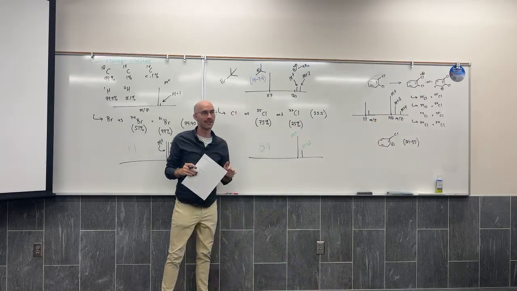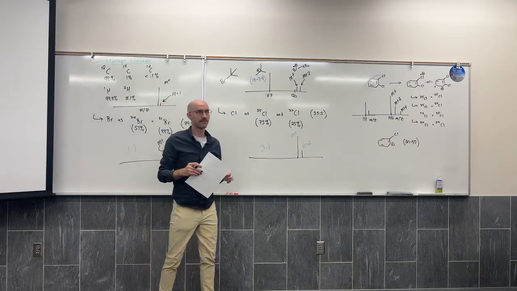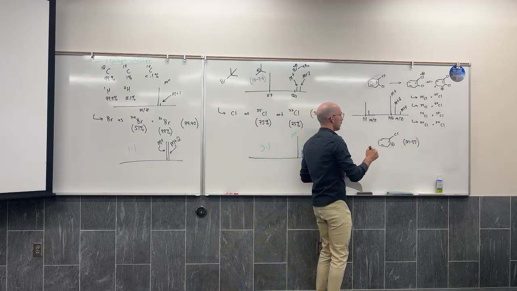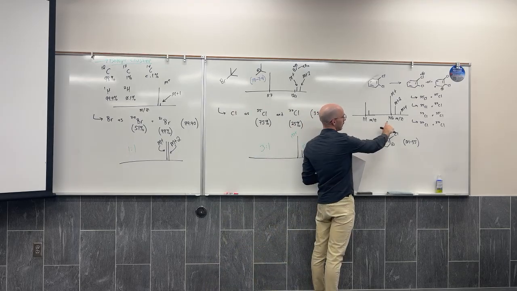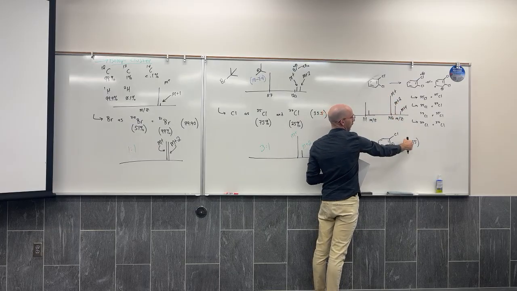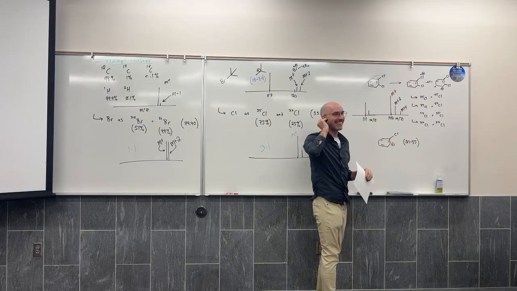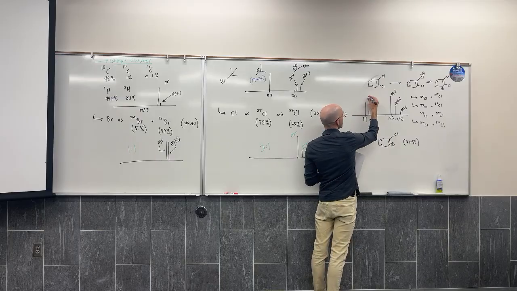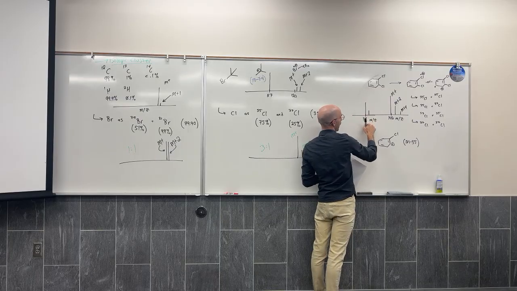You're also saying like M plus 2 minus 35? Well, if you're looking at the M plus minus 35, otherwise you have to do the M plus 2 minus 37. So this is at 111.